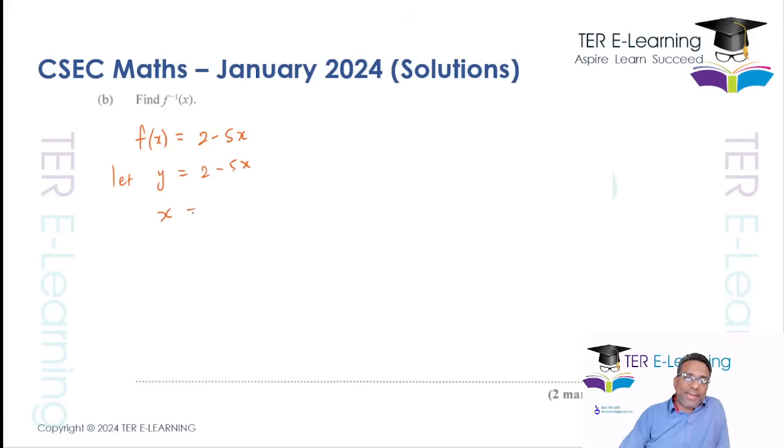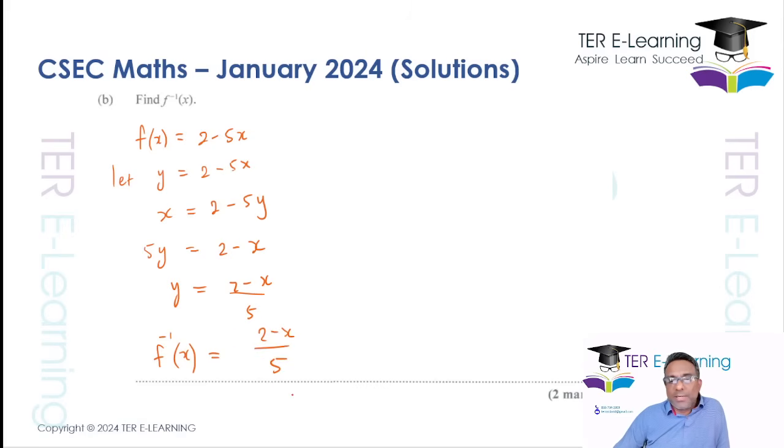So x is going to be 2 minus 5y. And the next step in the process is to make y the subject of the formula. So this is going to be 5y is equal to 2 minus x. So therefore y is equal to 2 minus x all over 5. So therefore the inverse function is going to be 2 minus x over 5. That's what it is.